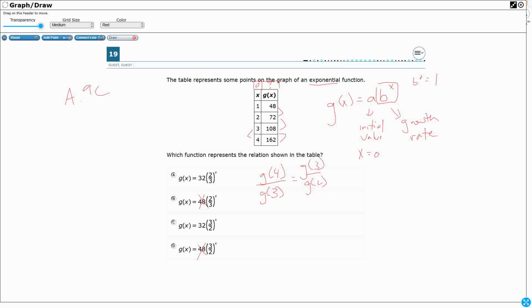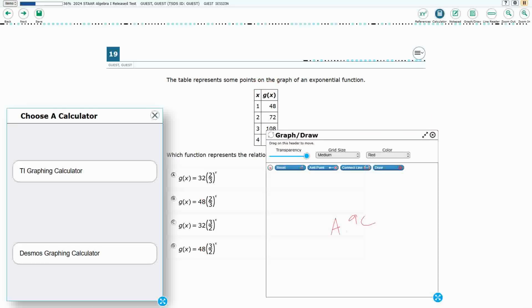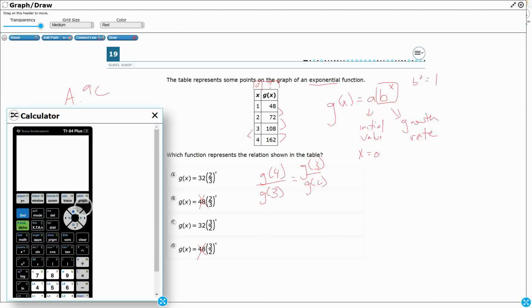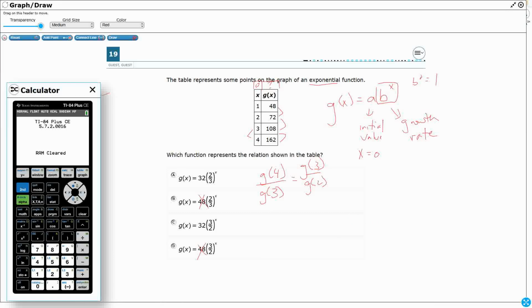Let's get our calculator out. g of 4, let's start with that first, is 162. So what is 162 over g of 3? 108. 162 divided by 108 is 1.5. Since we're doing fractions, not decimals, let's simplify: 1.5 is the same as 3 halves.